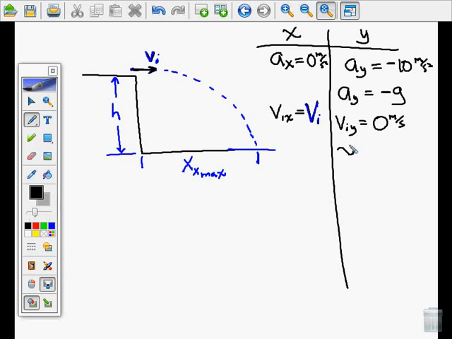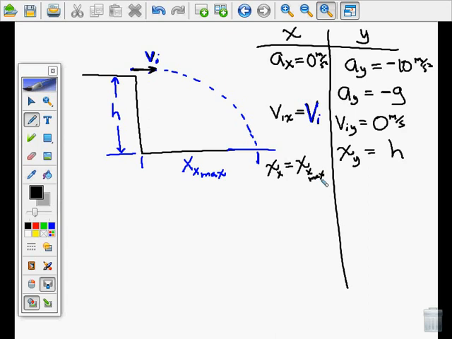And of course, when x sub y equals h at the very beginning, and then at the very end, x sub x equals x max at the end.